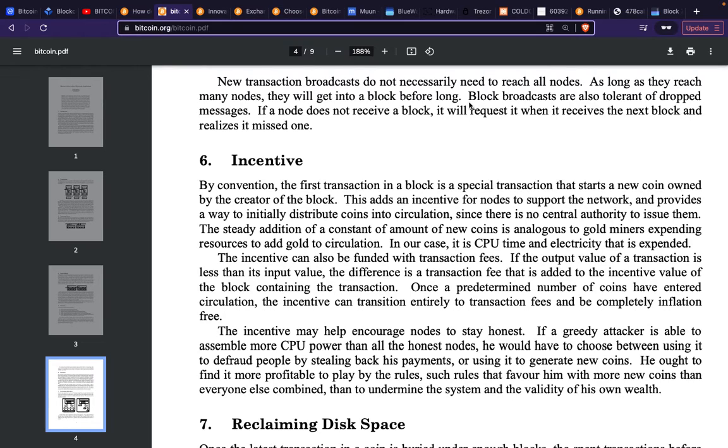Okay, so now he's talking about the block reward, like when you have the first Bitcoin transaction, the miners receive the fees, right? They are incentivized to mine and secure the network.